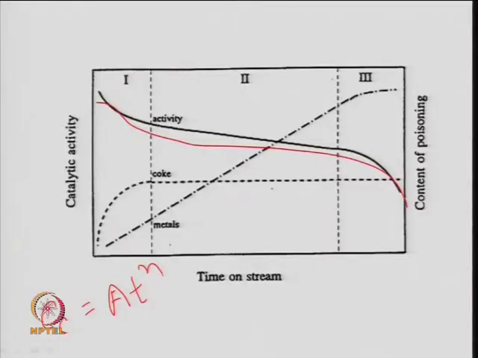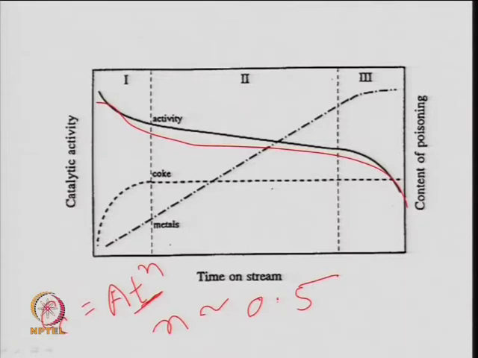So, this is just the coke formation rate, which can also be written in terms of the concentration of the coke precursor. Generally, here n is roughly 0.5, which is the order of deactivation in terms of this equation.